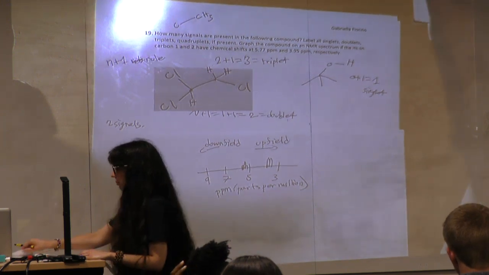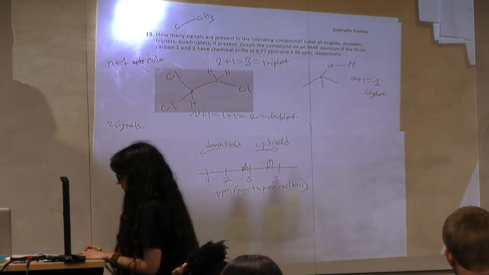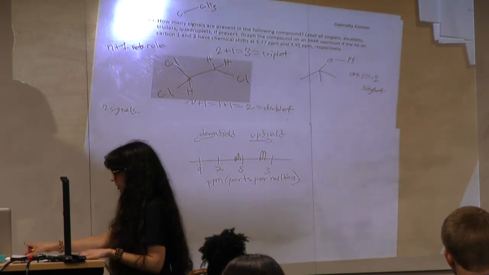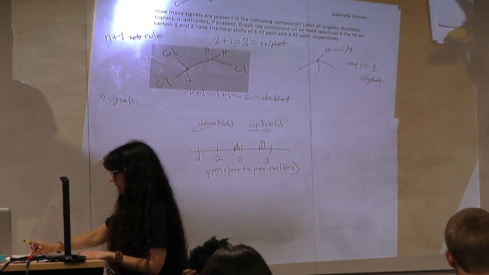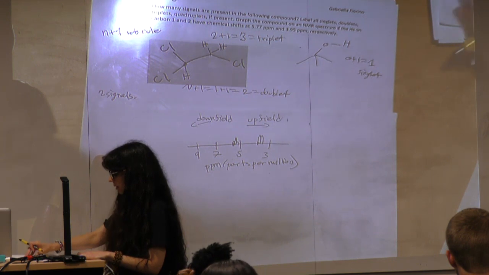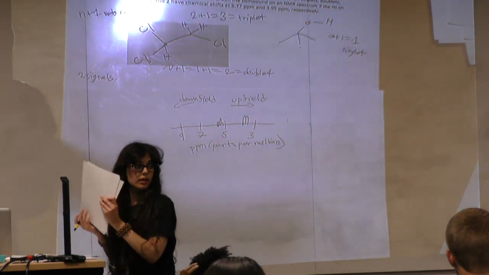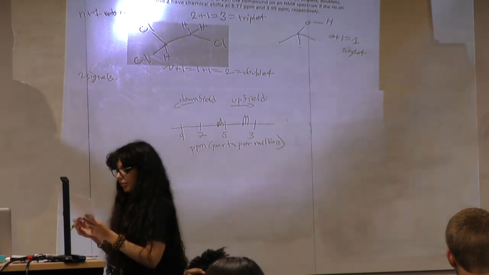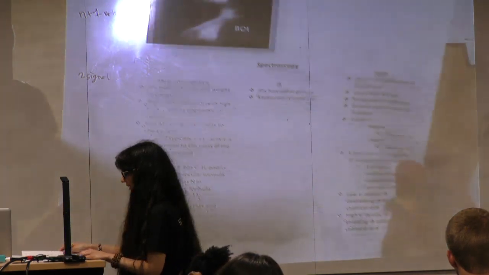What makes something move downfield, and what makes something move upfield? Yeah, perfect, shielding. So what does that mean? Like that oxygen is de-shielding that hydrogen. Yeah, like in electron density. Now that I know that we actually have time, I thought that we were so low on time.